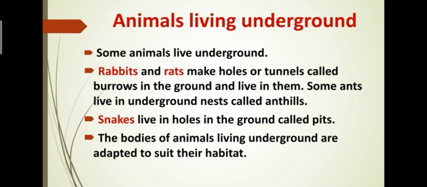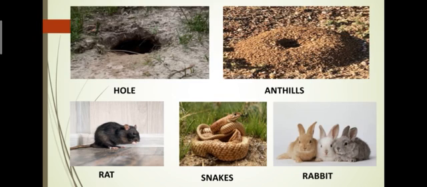Snakes live in holes that are known as pits. These animal bodies are adapted to live like this. The picture is showing anthills and holes where animals like rats, rabbits and snakes live.